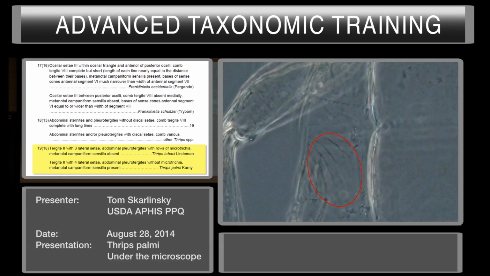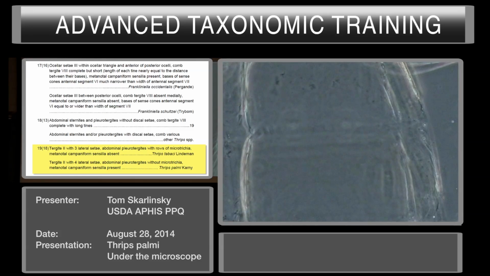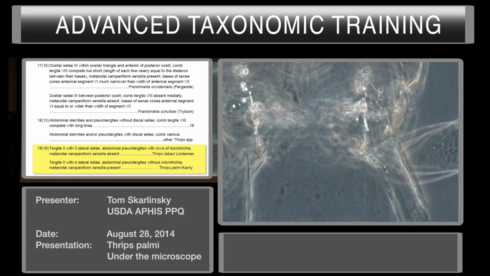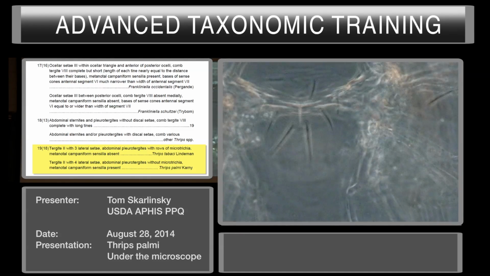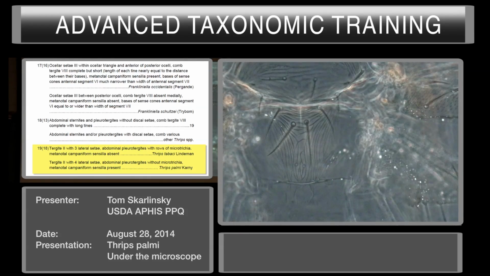And the metanodal campaniform sensilla are present or absent. Well, let's take a peek at our unknown. These campaniform sensilla are these little round circles right here. They are present.